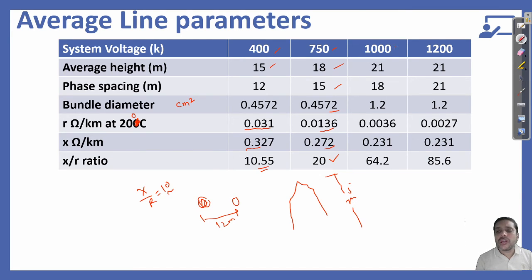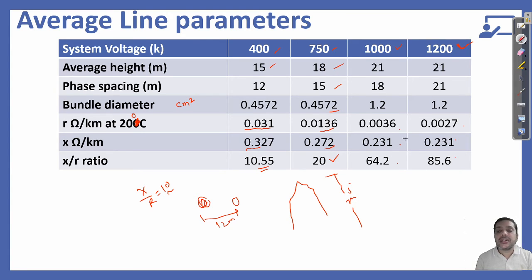As the system voltage goes on increasing, you will observe that the X by R ratio goes on increasing. Inductance remains constant, but resistance goes on decreasing. So what is your observation for 1100 and for 1200? There is not much difference in the parameters. So we adopted 1200 to transmit the bulk amount of power, because we are getting the same benefit.